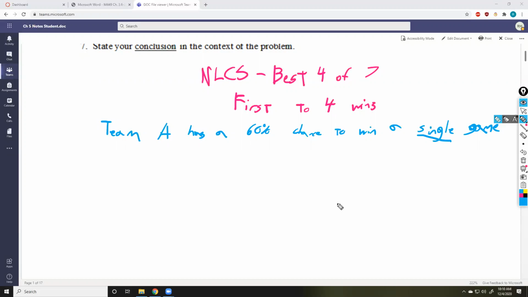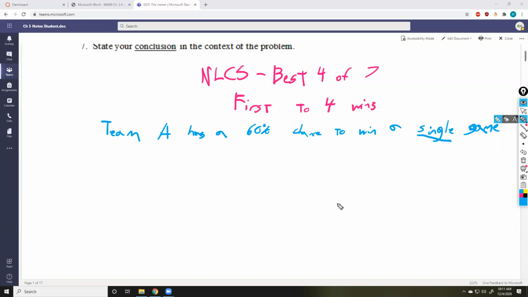This is a hard probability to actually calculate because we're not just calculating winning 4 games out of 7, because they could win and sweep the first 4 games, or they could win the first 4 out of 5, or they could win the first 4 out of 6.